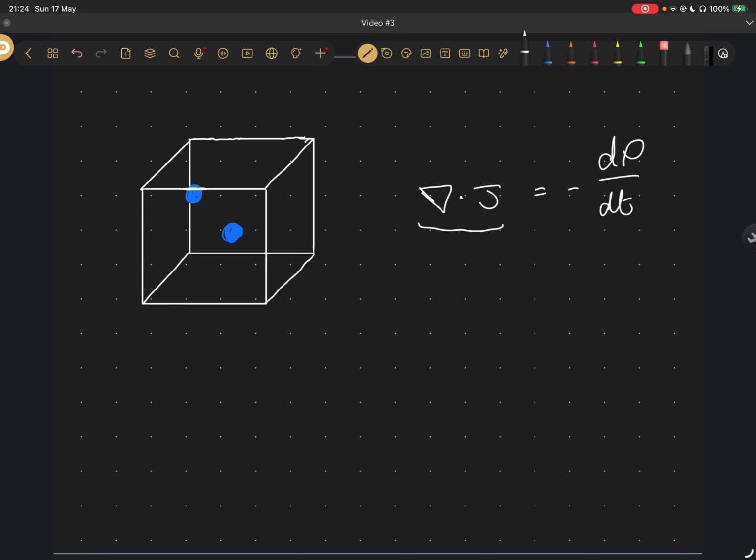The negative sign is polarity, it tells you the direction it's leaving. If charge flows outward from a region, then the amount of charge remaining inside that region must decrease.